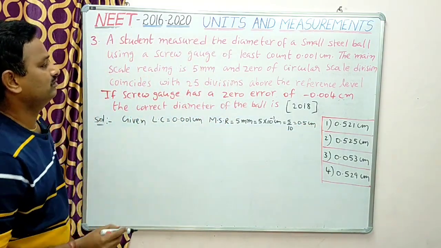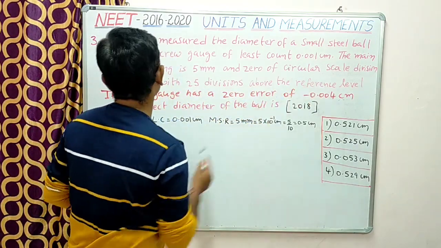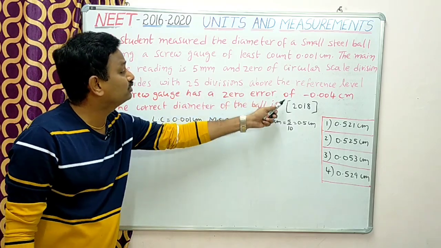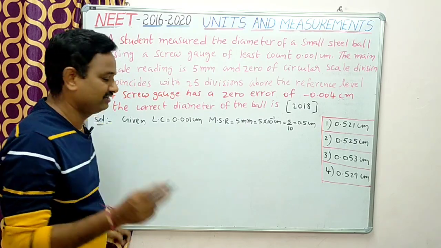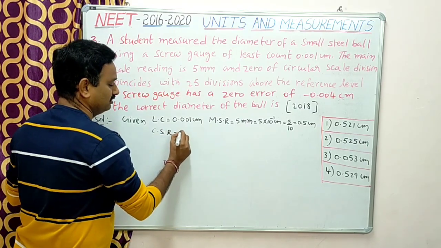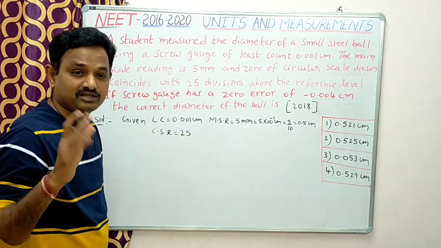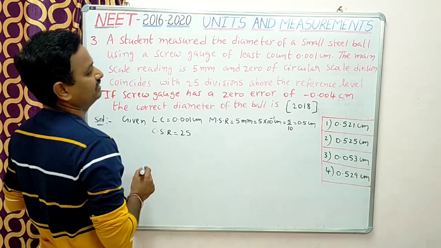So now what they have given, and 0 of circular scale division coincides with 25 divisions above the reference level. That means circular scale reading is 25. Look at here. CSR equal to 25. I can say circular scale coincide division, that is 25. Okay.